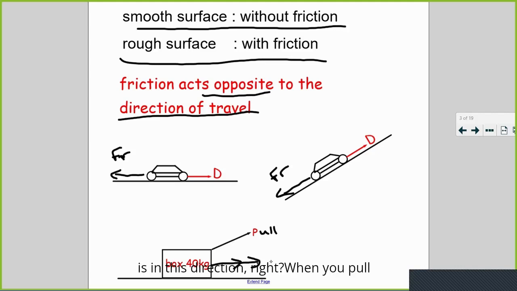When you pull the box, it's not going to lift in the air. You're sliding it this way. So this is where your motion or travel is. So in this case, because the box is traveling horizontally, your friction would be to the left.